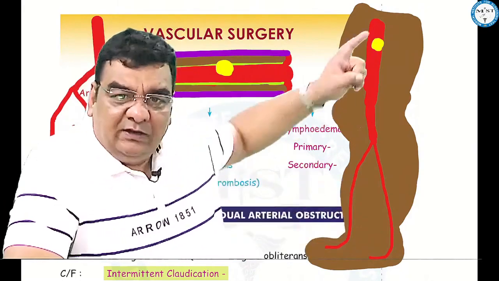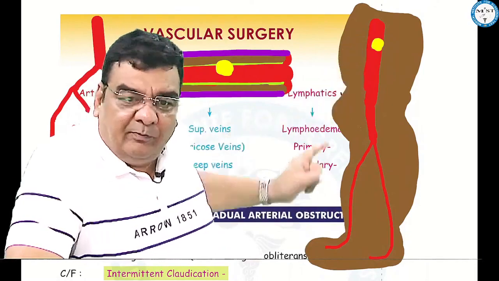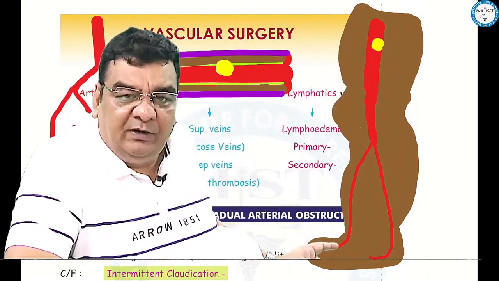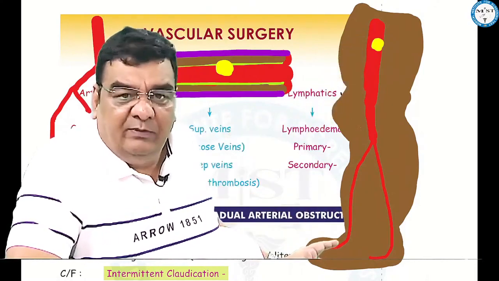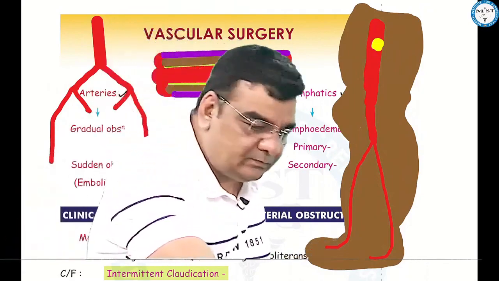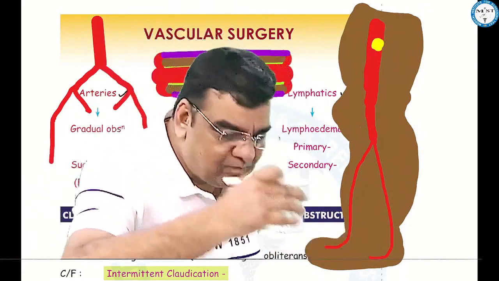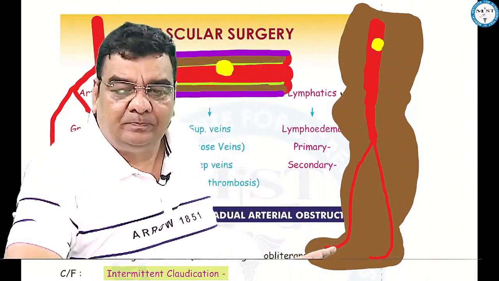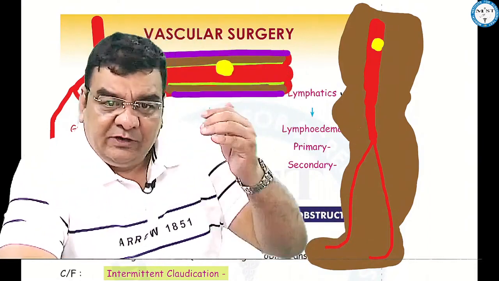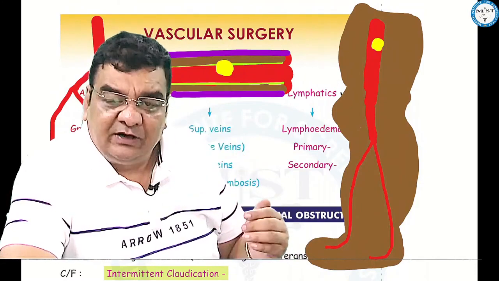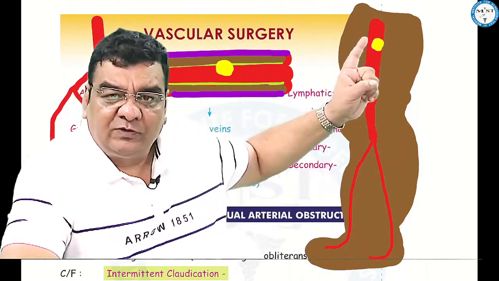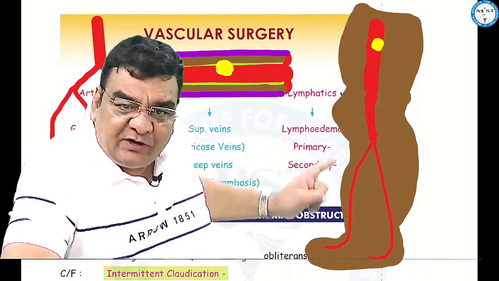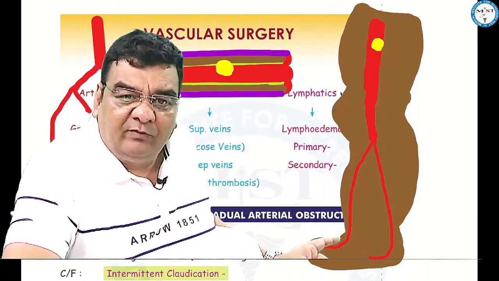If suppose there is more obstruction here, the pressure here may be around 60 millimeter of mercury or 50 millimeter of mercury. Now in this case also, the ratio is decreasing. If there is more obstruction, then the pressure here might be say 40 millimeter of mercury.